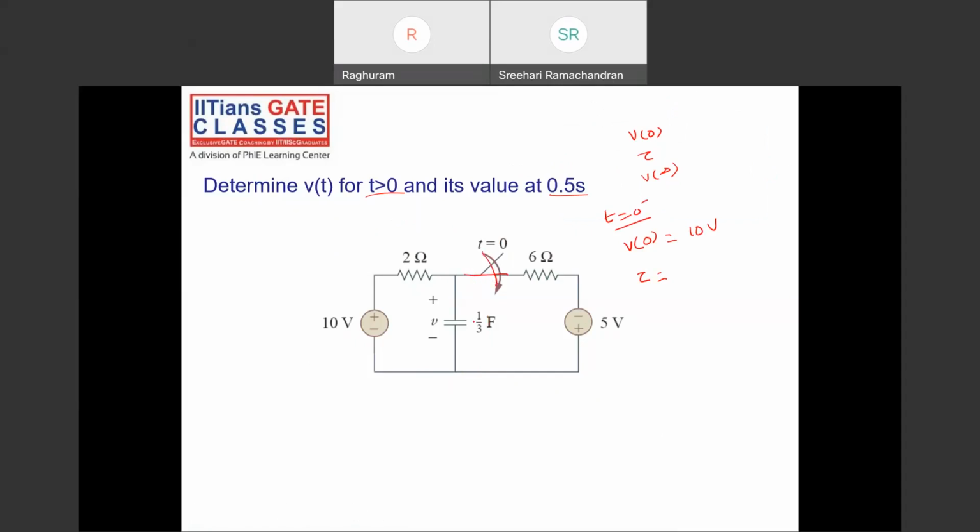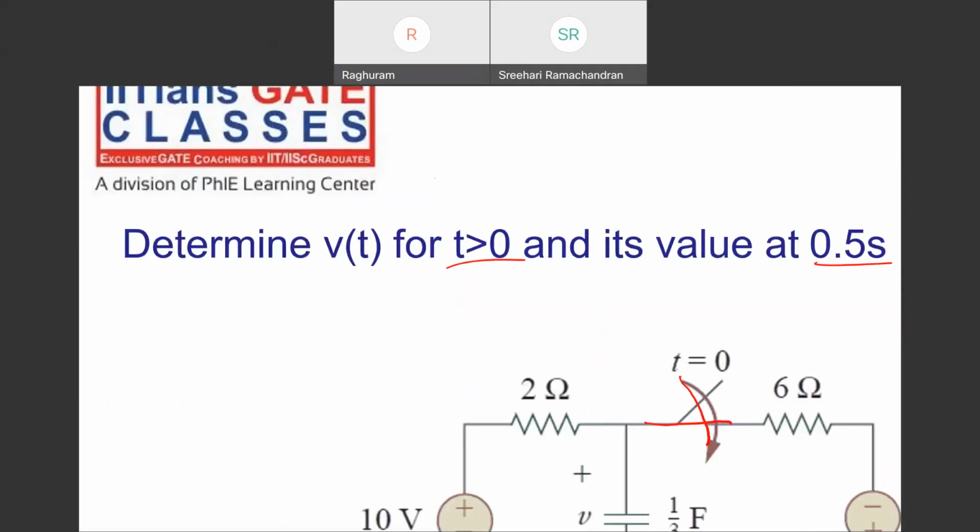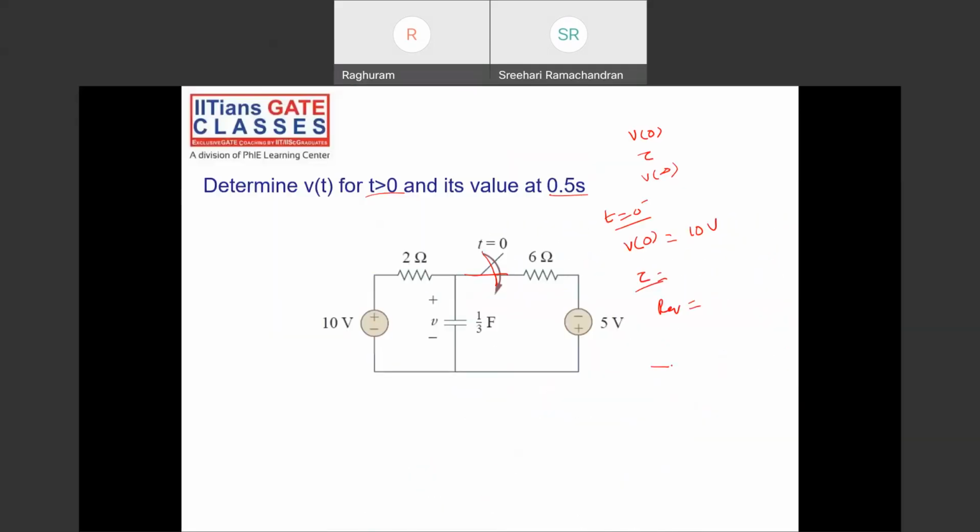After the switching action, both the sources are there. And I need to find the equivalent resistance. What will be R equivalent as seen from this? How to find it? R Thevenin. Turn off the voltage sources. Yes, 2 and 6 are in parallel. 2 parallel with 6 is 12 by 8, which is 3 by 2.